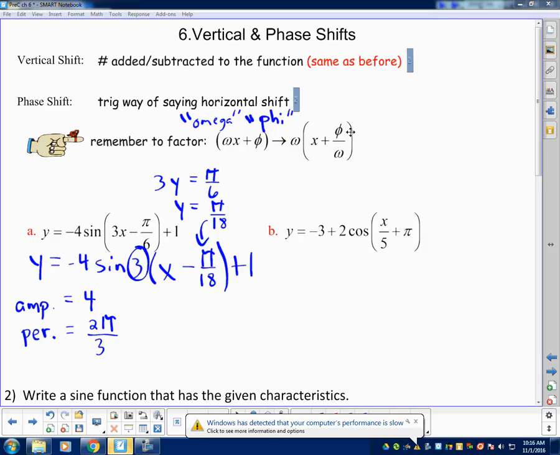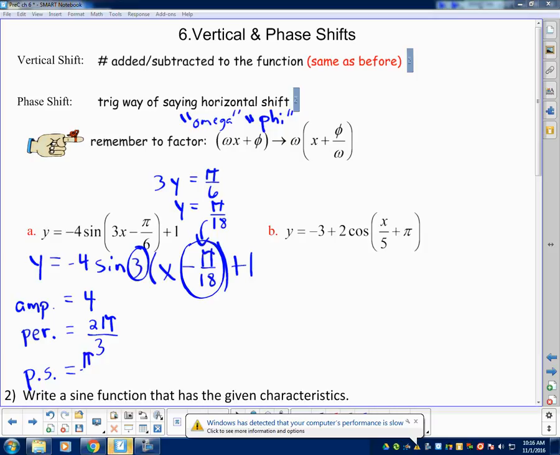So 2 pi over 3 is our period. The phase shift, we're going to abbreviate that PS for phase shift or horizontal shift, is right here. We've got, it's of the form x minus c. If it's of the form x minus c, the horizontal shift is positive pi over 18.